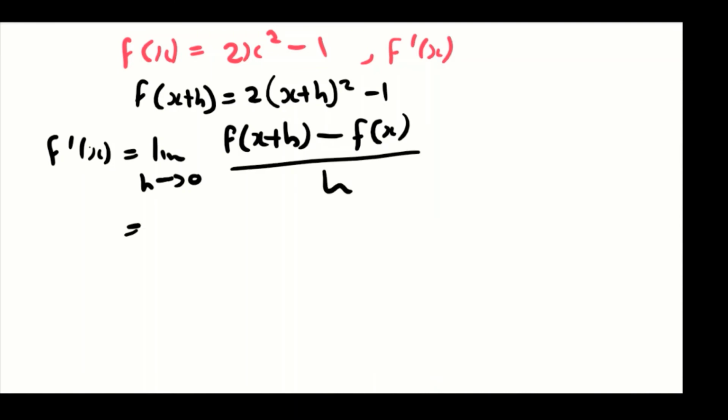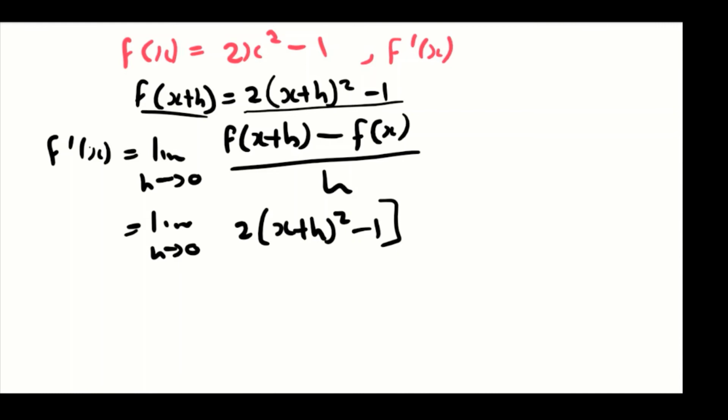So what is f of x plus h? It's equal to 2 into x plus h squared minus 1, and then minus our f of x, which is given as 2x squared minus 1.